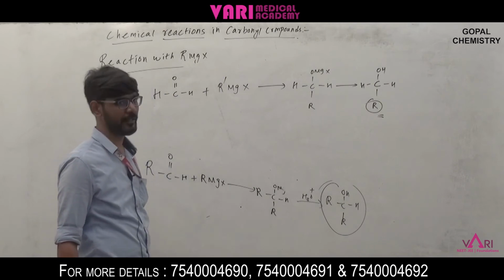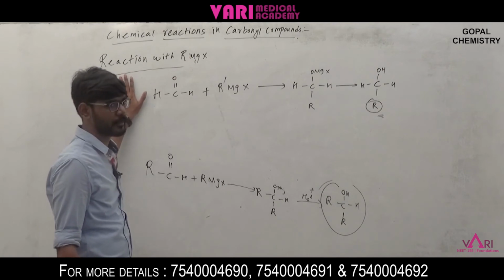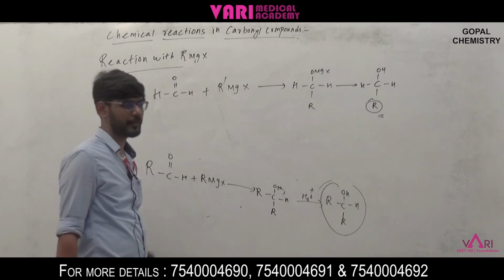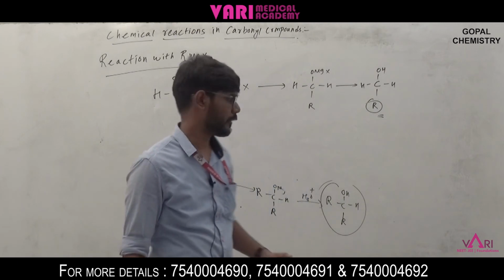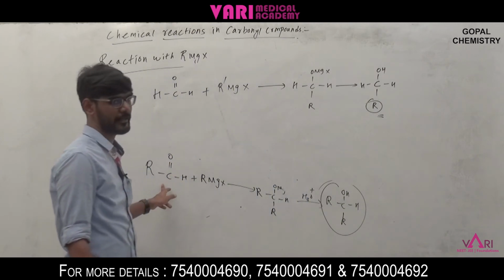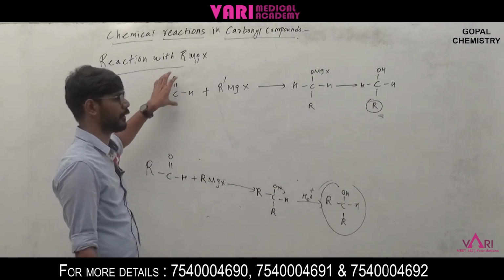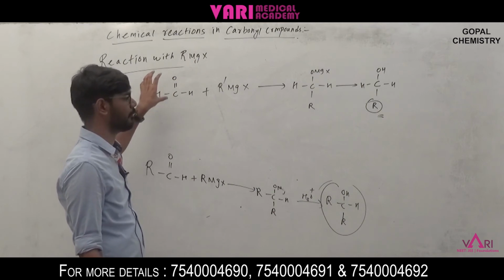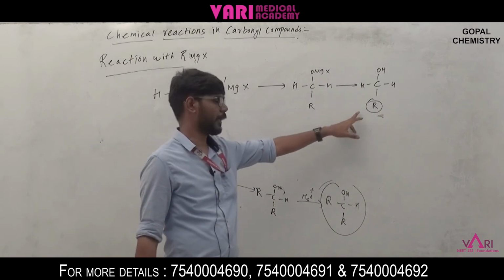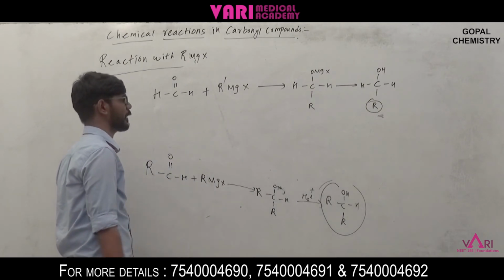So we can produce 3 types of alcohols when we treat carbonyl compounds with Grignard reagent. If we take ketones, we will get tertiary alcohols. If we take aldehydes, we can get secondary alcohol. If we take formaldehyde, only formaldehyde will give primary alcohols when we treat it with alkyl magnesium halides.